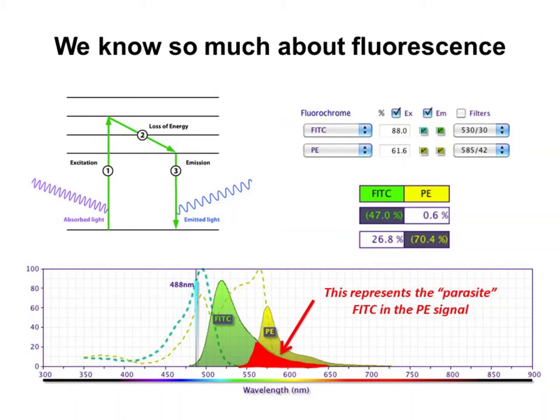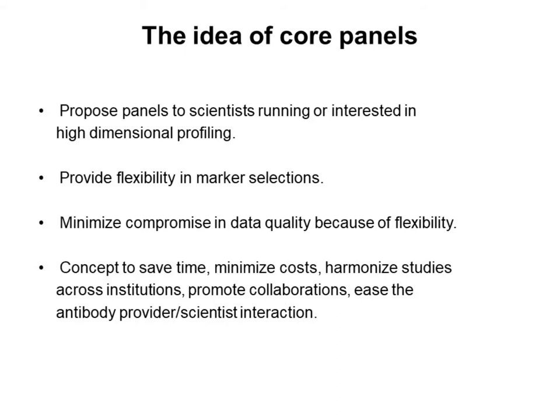So with this knowledge, and it's something we have known for decades, there is the opportunity to see how we could optimize the utilization of this knowledge when it comes to panel design. So we came up with the idea of proposing core panels. This idea, of course, is not new per se. As I showed you in the previous slide, some initiatives exist.